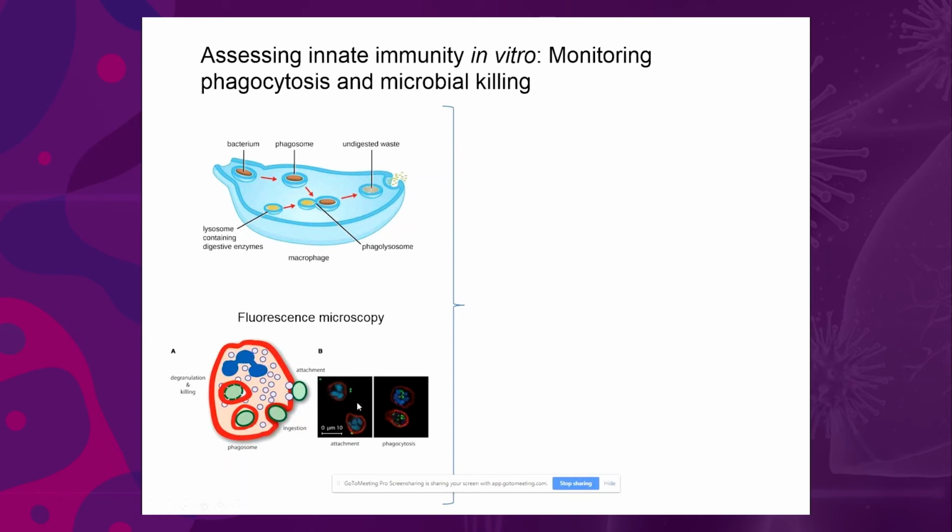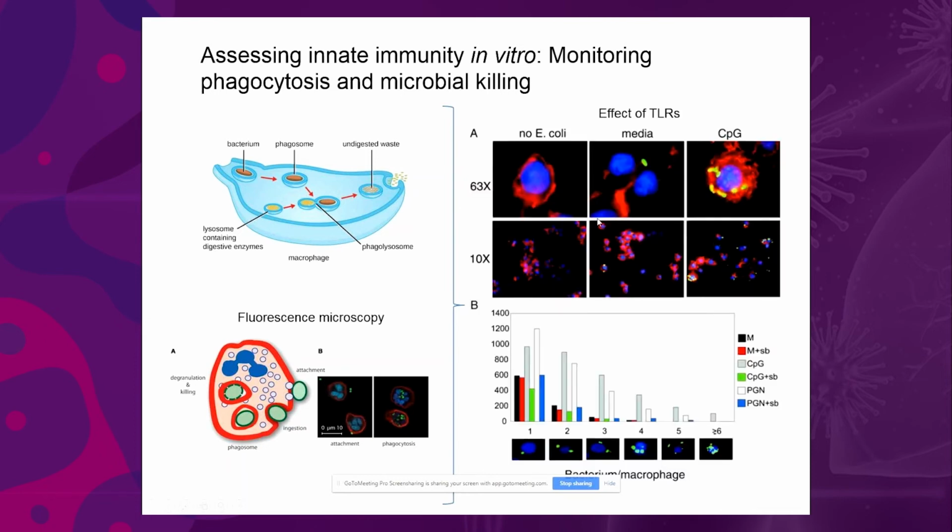In the case of macrophages, we can label bacteria green, and we can look by fluorescence microscopy or confocal microscopy, if we want better pictures, at the uptake of microbes by macrophages or granulocytes, shown in this case with neutrophils.